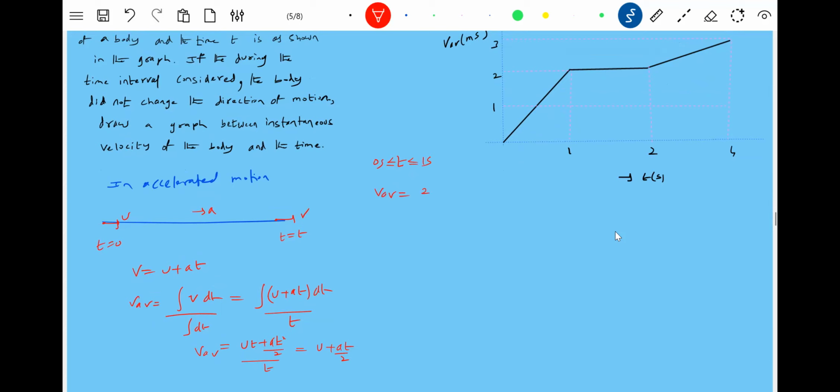What is the slope of this? If you compare this, in place of acceleration, what should be there? We have to compare here. So in place of acceleration, we have a 4. Try to correlate.